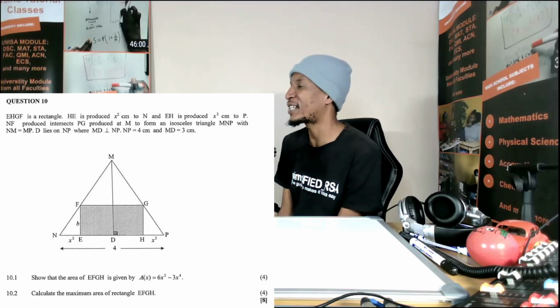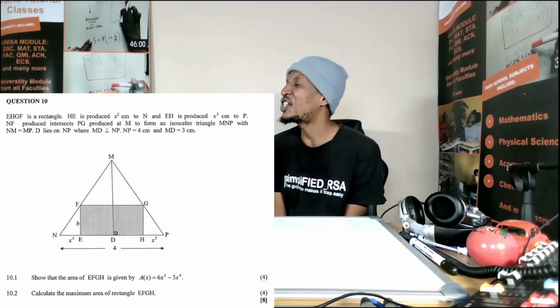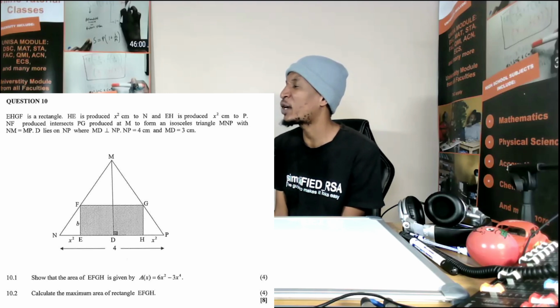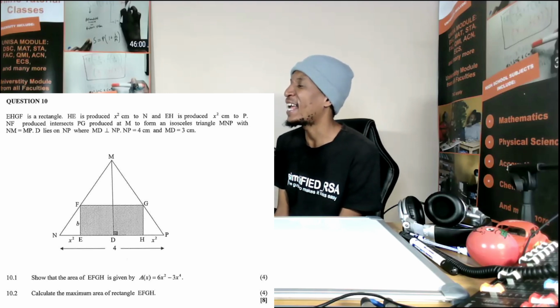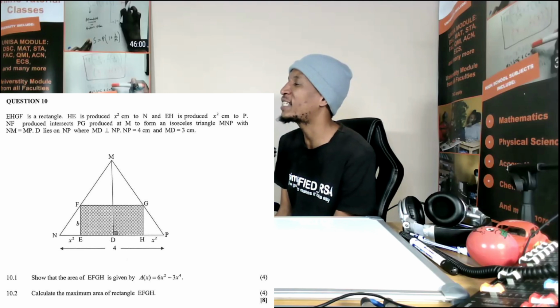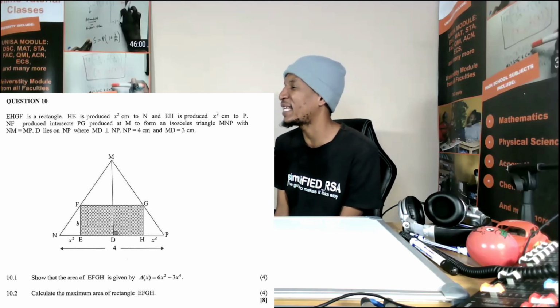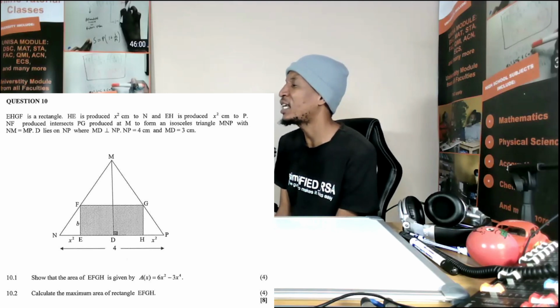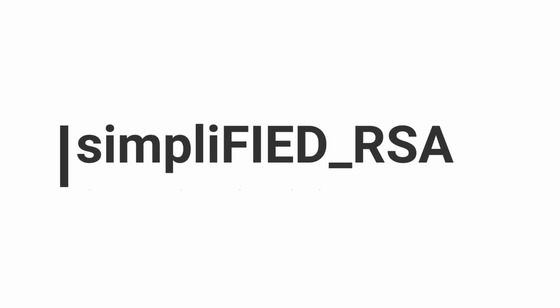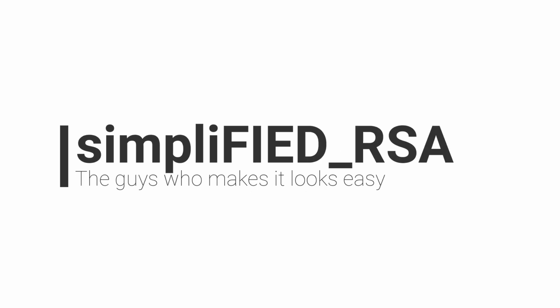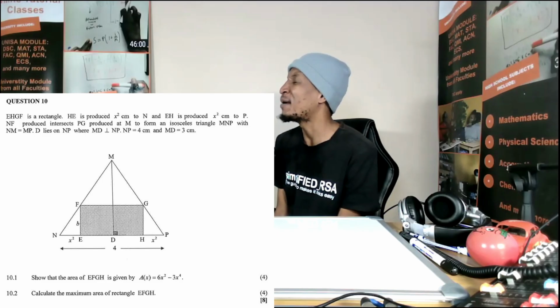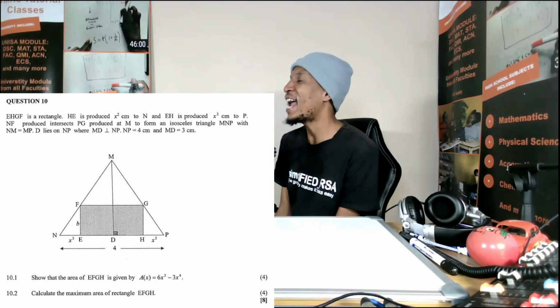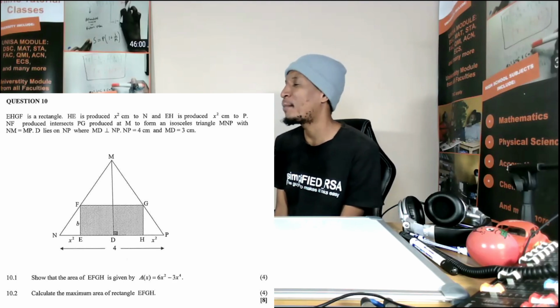EHGF is a rectangle whereby HE is produced x squared centimeters to N, and EH is produced x squared centimeters to P. We are given that NF produced intersects PG produced at M to form an isosceles triangle MNP, with NM equal to MP.